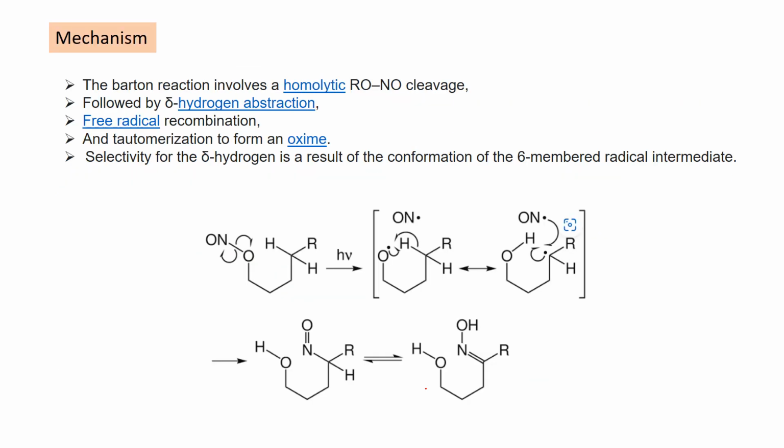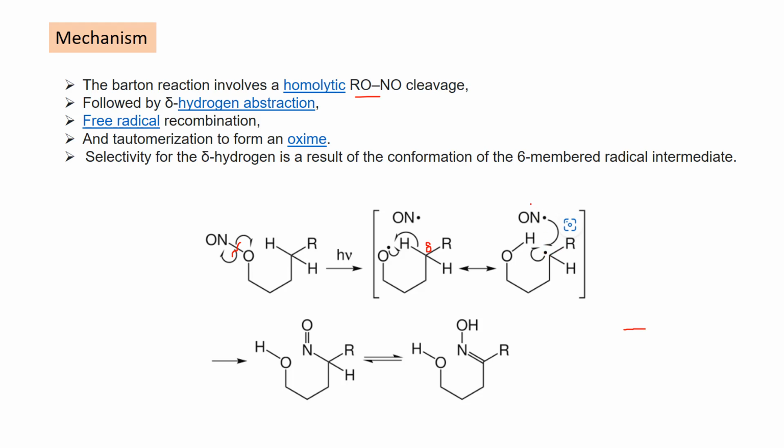So what is the mechanism behind this? The Barton reaction involves the homolytic cleavage of the nitrite group. There is a homolytic cleavage along this O-NO bond, which generates this radical. Then this radical selectively abstracts the delta hydrogen, and the radical shifts to the delta position.